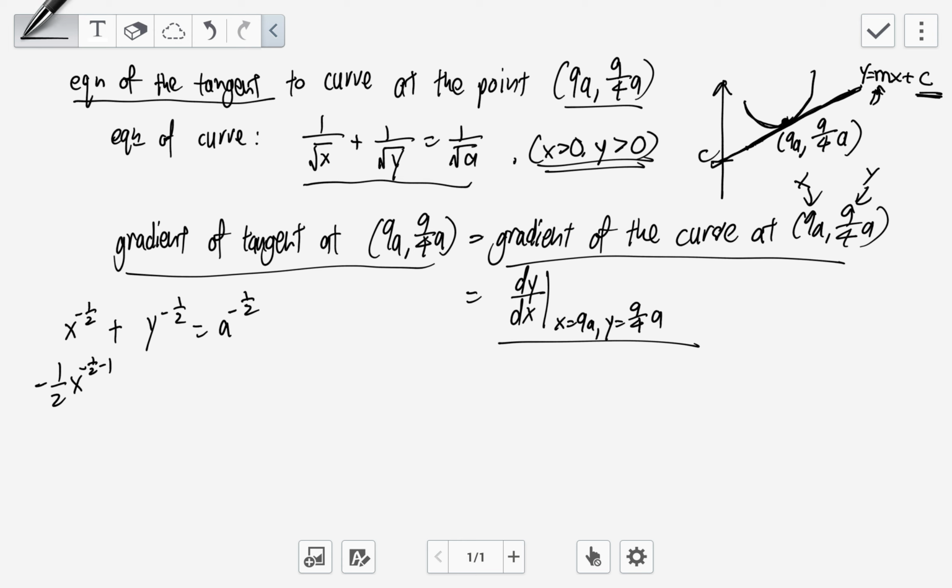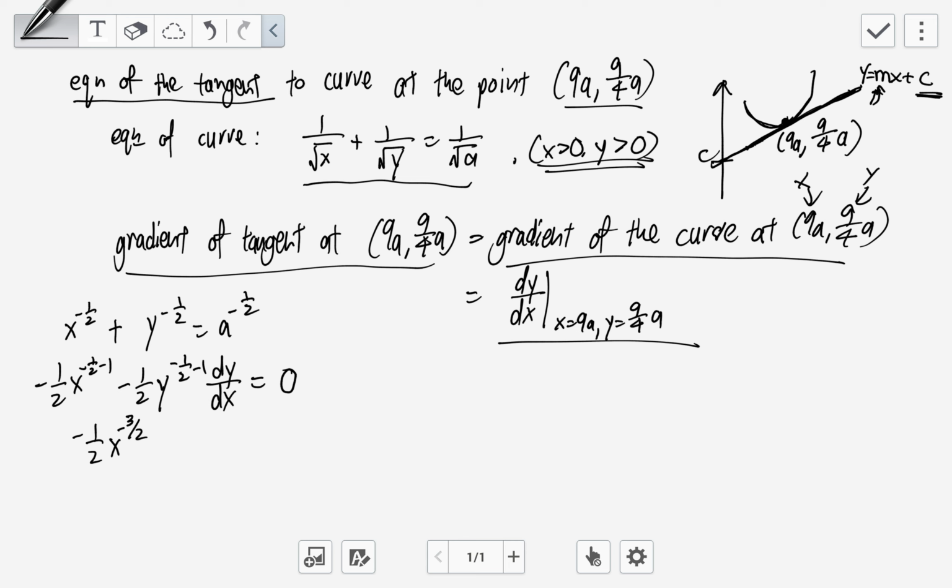When we differentiate y, we have minus half in front, then y with the power reduced by 1 again, and then we use the chain rule and multiply by dy/dx. Since a is a positive constant in this question, when we differentiate a constant it becomes 0. If I move this over to the other side, I have minus half x to the power of minus 1 minus half, which is just minus 3/2.